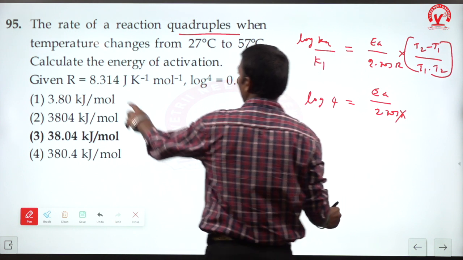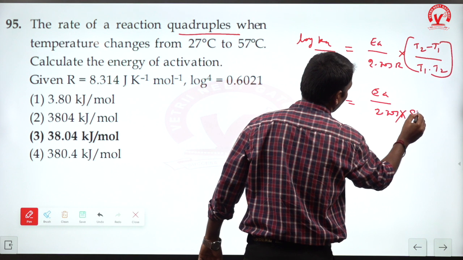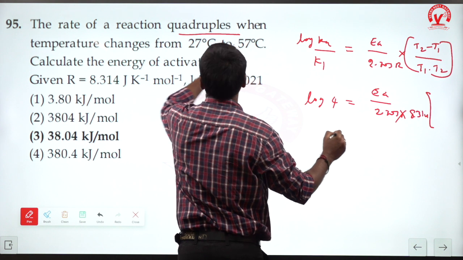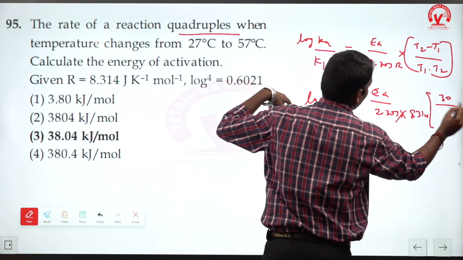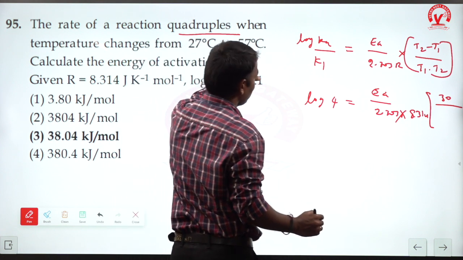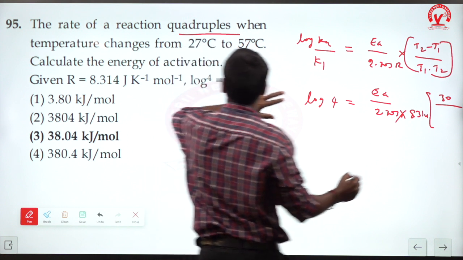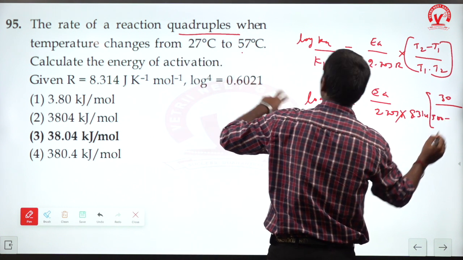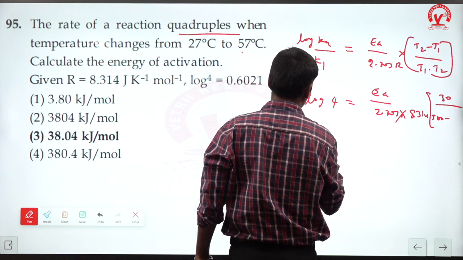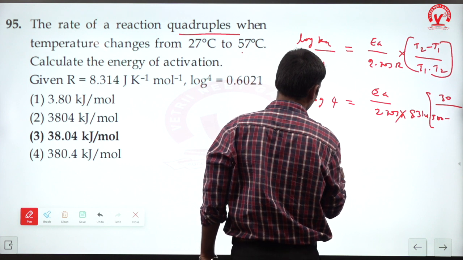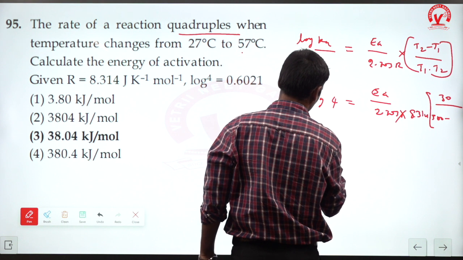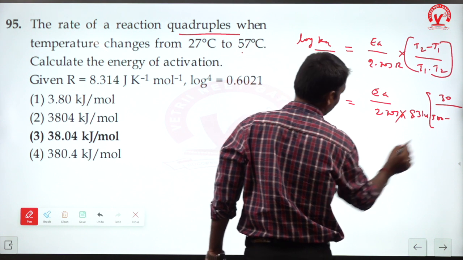R value they have given here, 8.314, into T2 minus T1, that is 57 minus 27, that is 30, divided by T1, which is 273 plus 27, that is 300, into T2, 273 plus 57, which is 330.